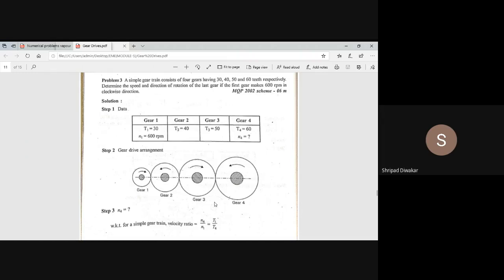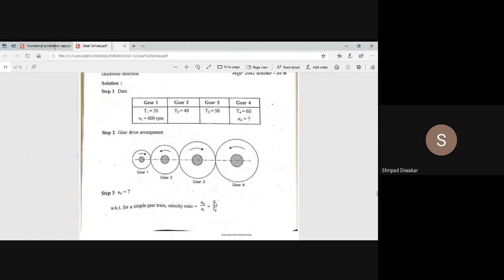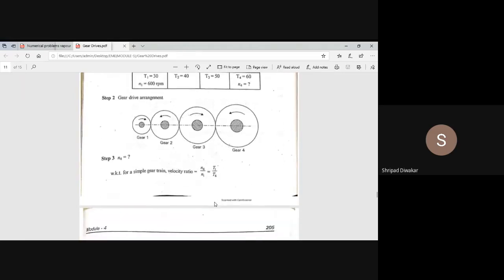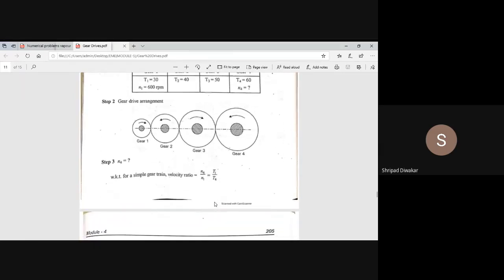Next, how to find out the velocity ratio? As I said, velocity ratio is always given by the speed of the last gear divided by the speed of the first gear. The last gear is called the driven gear, and this is called the driving gear.